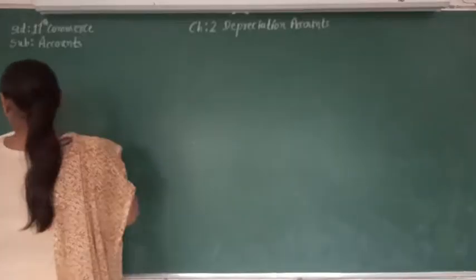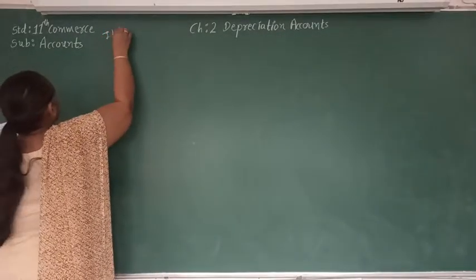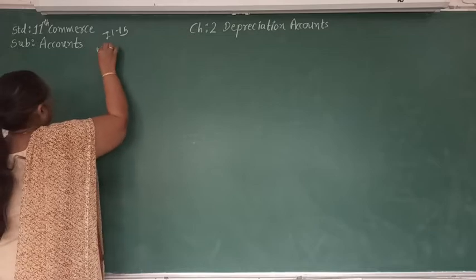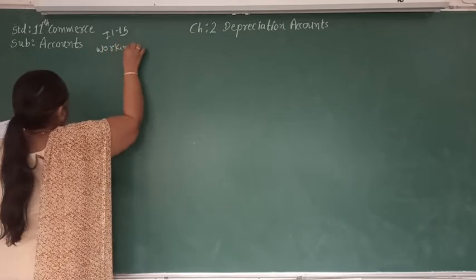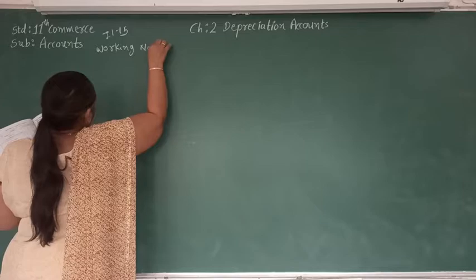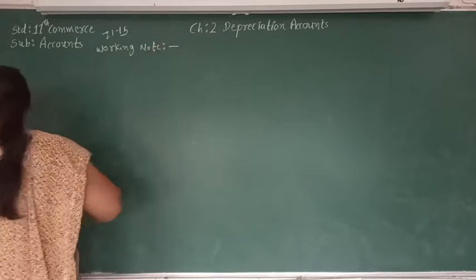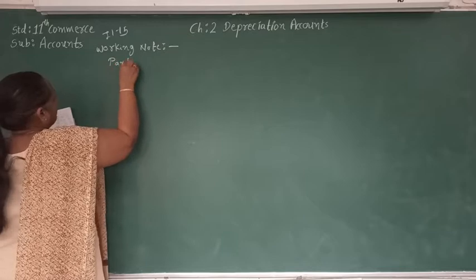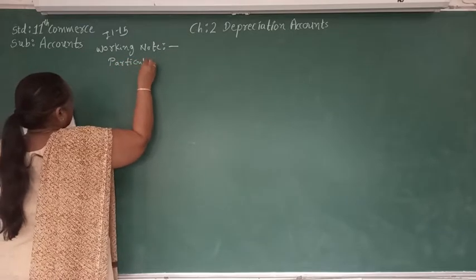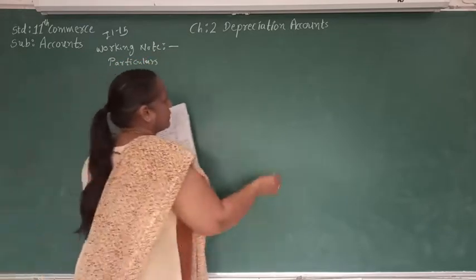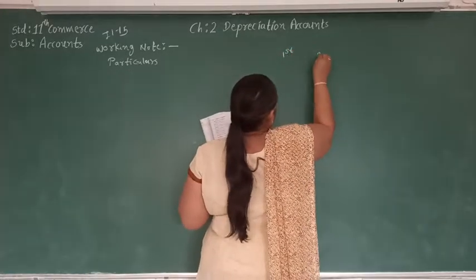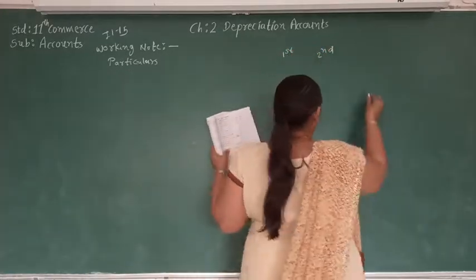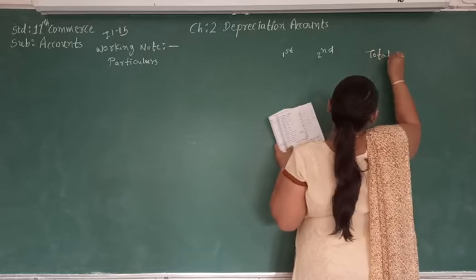Here, illustration number 15, working note. Particulars: first machine and the second machine, then total depreciation.